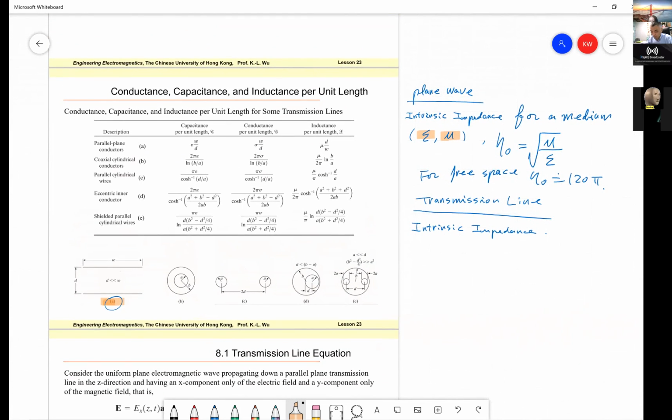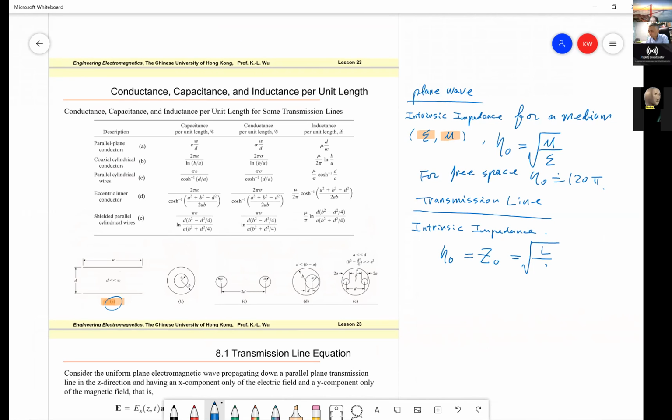Okay. For transmission lines, we also have intrinsic impedance, but we use a different notation. We are going to use Z sub 0, okay? And this can be justified.